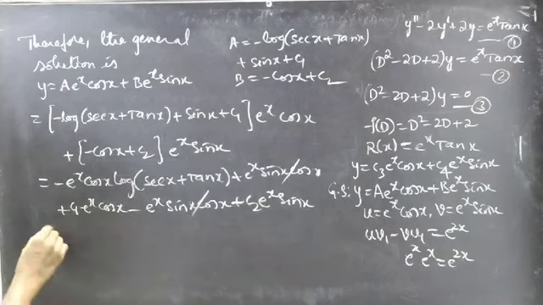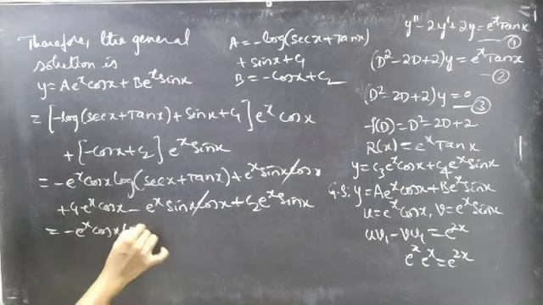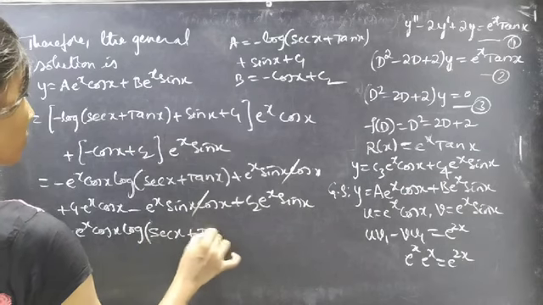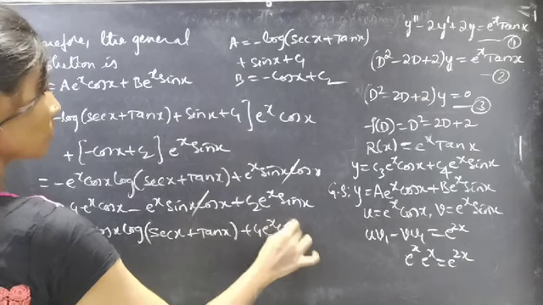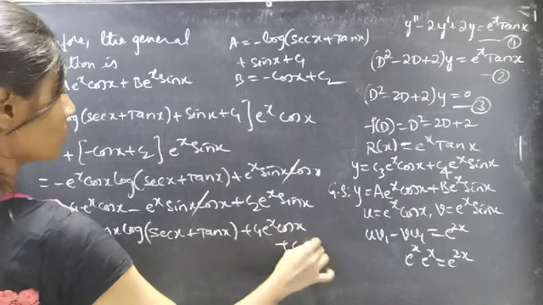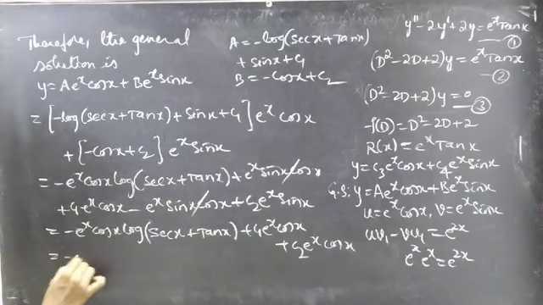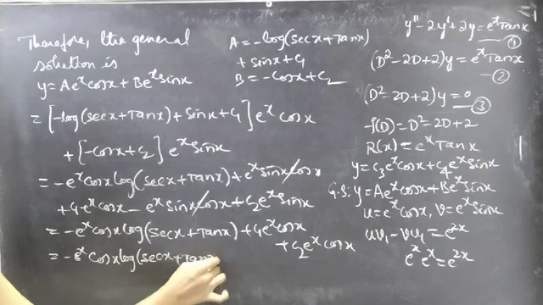and we'll get minus e power x cos x log of secant x plus tan x plus c1 e power x cos x plus c2 e power x sin x, which gives us minus e power x cos x into log of secant x plus tan x.